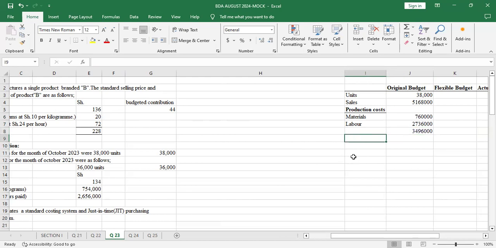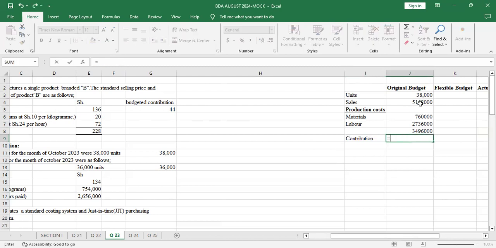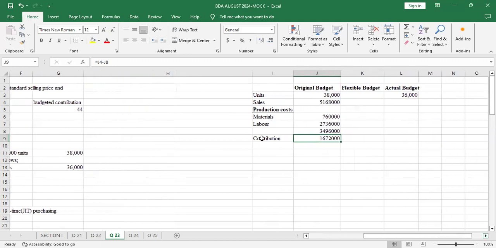Therefore, the contribution will be the difference between sales and the production cost. We just subtract production cost. So the contribution will be this amount under the original budget. Allow me to bold that.